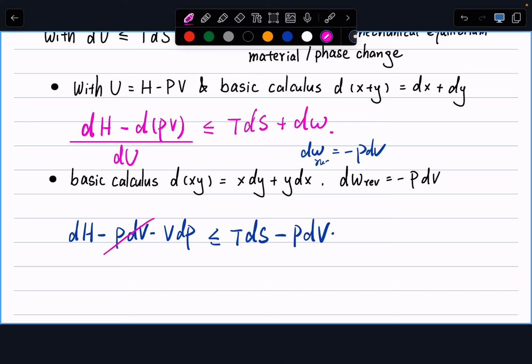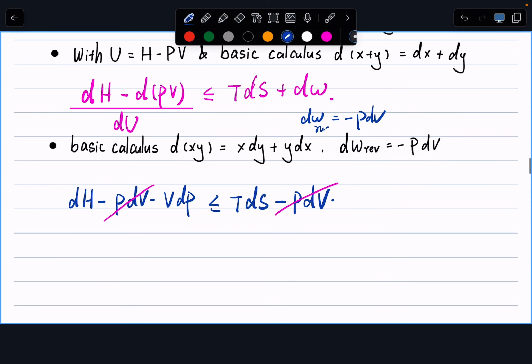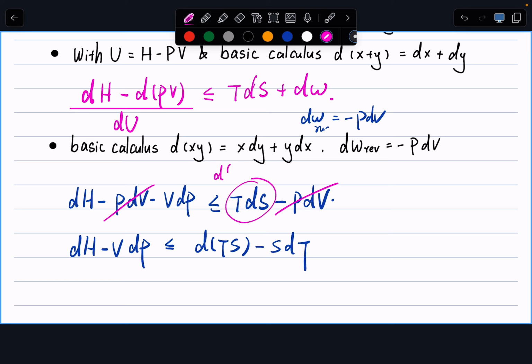Now, the negative PdV will cancel out on both ends, that's the same. And you get dH minus VdP smaller than or equal to dTS minus SdT. Again, this one is just calculus.